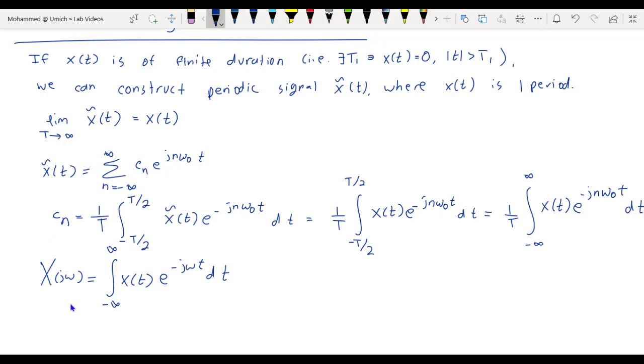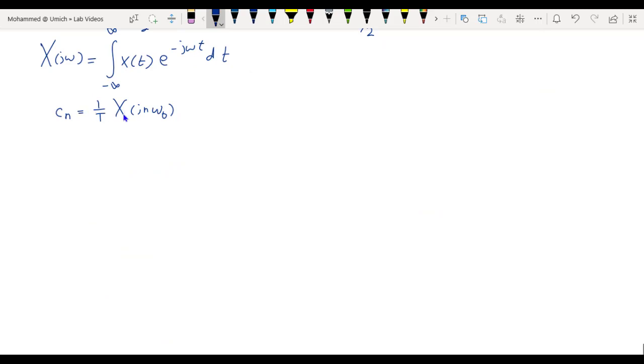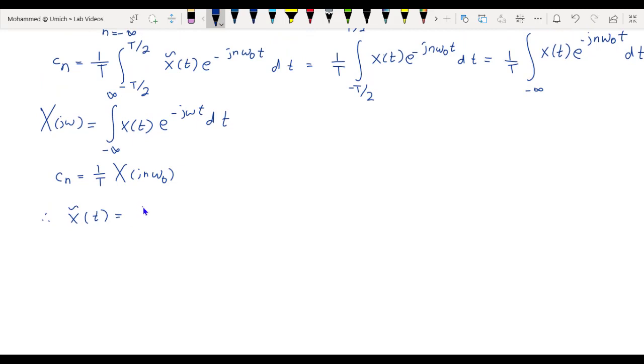Then the Fourier series coefficients themselves are given by Cn equals 1 over T times X of j n omega naught. And combining this expression for Cn with the original complex exponential representation of x tilde of t, we get x tilde of t equals the sum from n equals minus infinity to plus infinity of 1 over the period T, X of j n omega naught times e to the j n omega naught t, where 1 over T times X of j n omega naught are simply the Fourier series coefficients Cn.